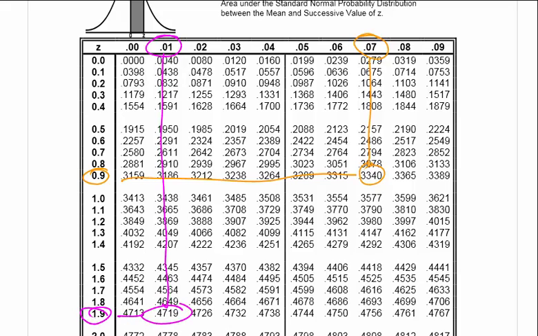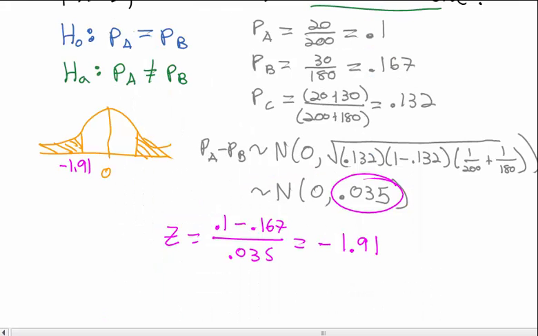1.91 is 4719. So the area is 0.4719, and when we subtract 0.5 minus that, we get 0.0281.